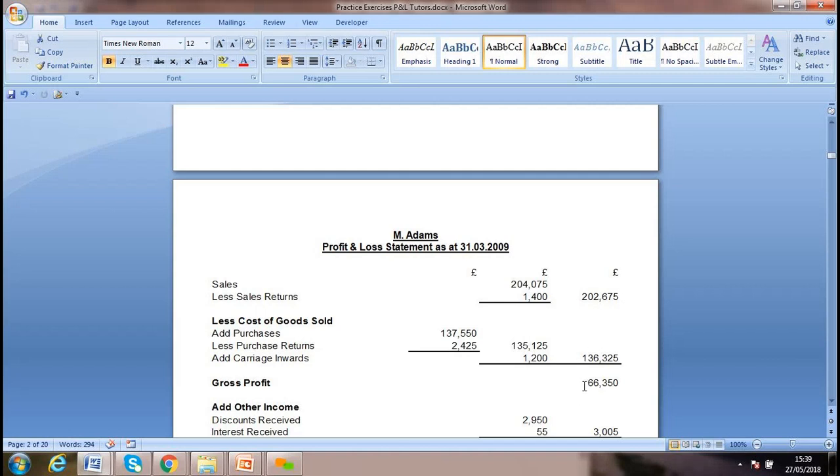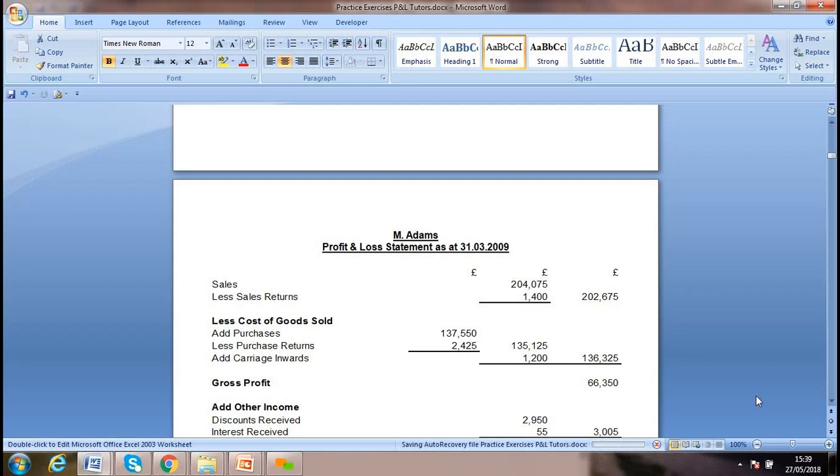That profit is called gross profit. So 202675 minus 136325 and we'll get our gross profit figure. This is not the profit, this is just gross profit: the things we bought, the things we sold, how much from. But we have some other expenses for a business, so we need to add our other income.